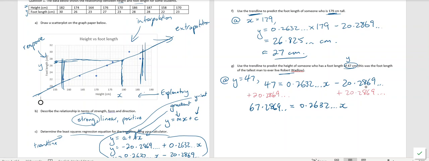Those disappear, that cancels out. And now we've got x times by all of that. So we've simply got to divide both sides by that. And so x is going to be whatever we've got here.